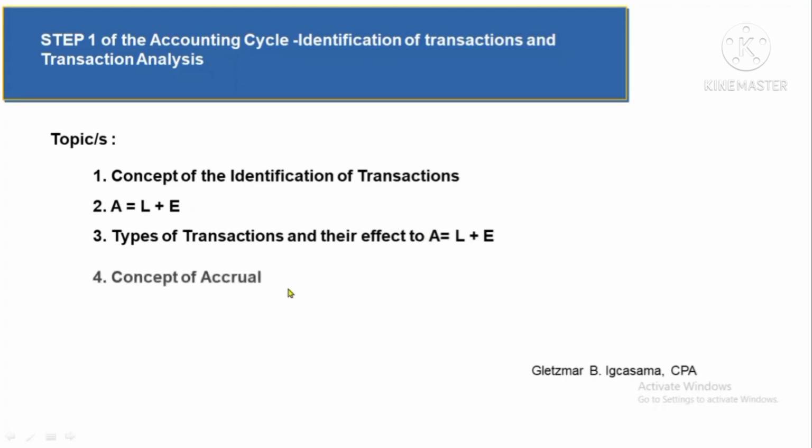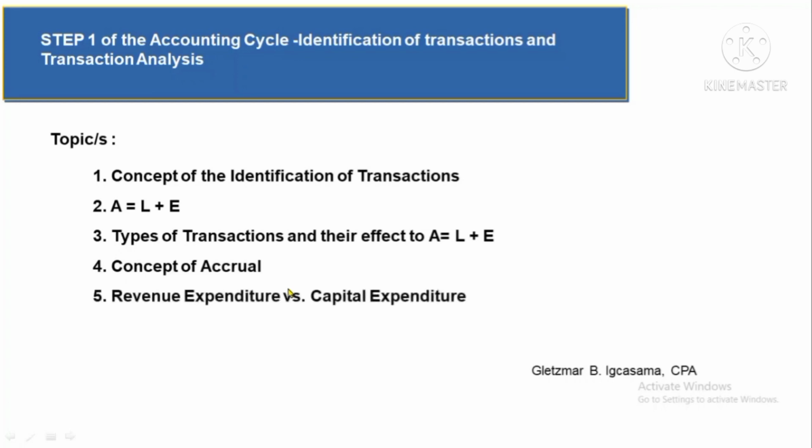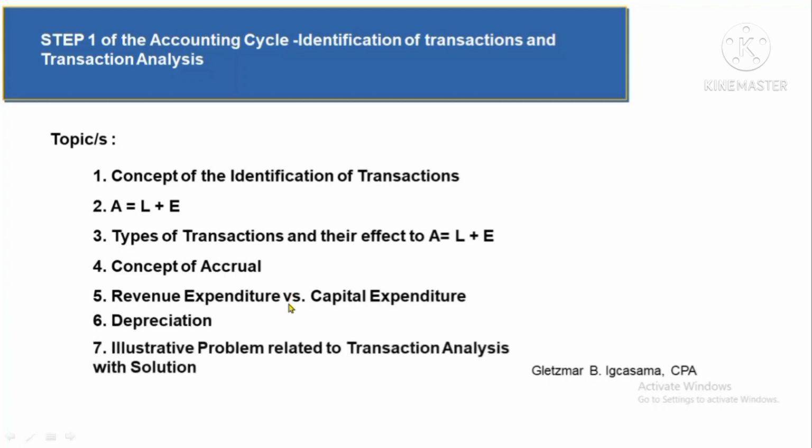We are also going to talk about the concepts of accrual, revenue expenditure versus capital expenditure, and depreciation. And lastly, we're going to have some illustrative problems related to transaction analysis, with solutions.